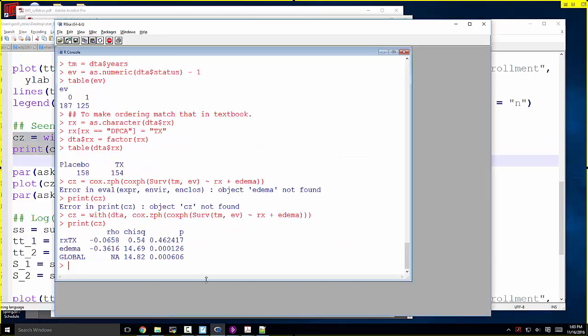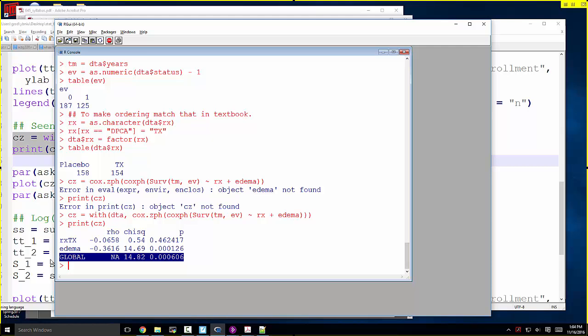Okay, so we get out a table, and the main thing we're looking at is the p-values. A large p-value for treatment group indicates no problem with proportional hazards with respect to treatment group, but we have a very small p-value with respect to edema. Remember that cox.zph also gives us a global p-value for overall, does it appear like proportional hazards holds?